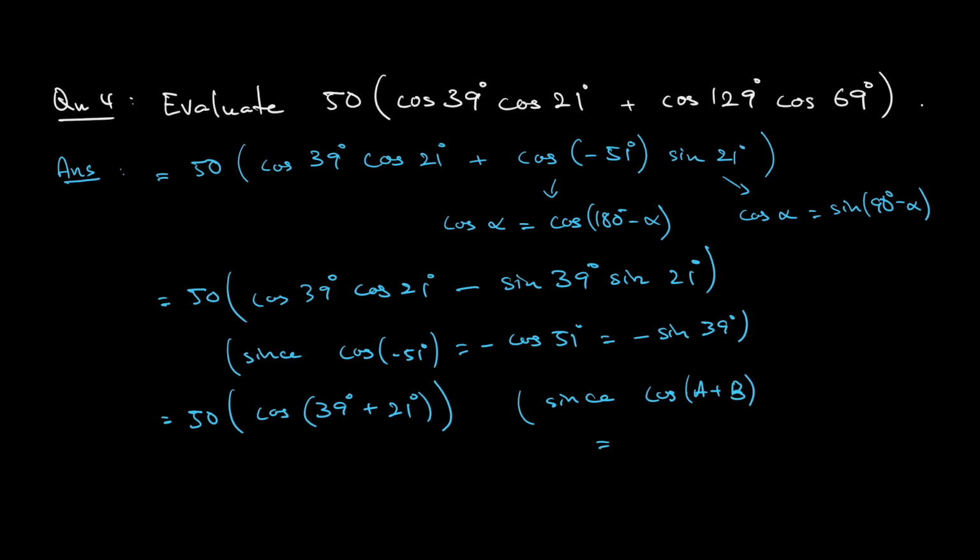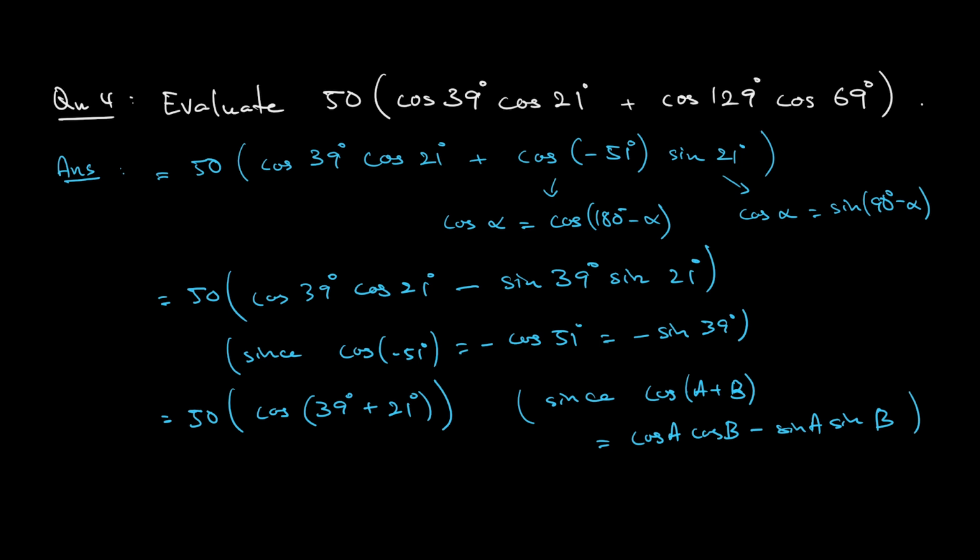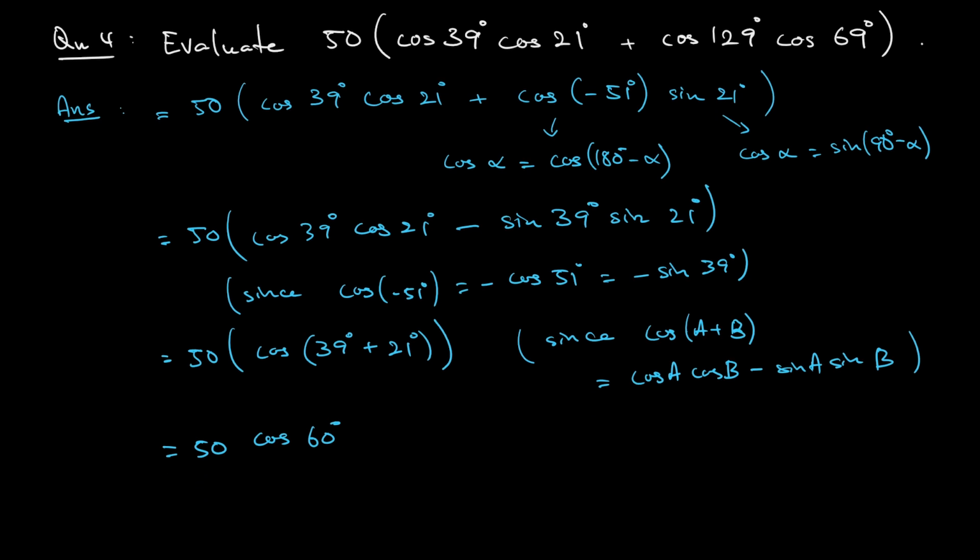So 50 cosine, this is basically just 60 degree, and cosine 60 degree is half multiplied by 50. The final answer would be 25.